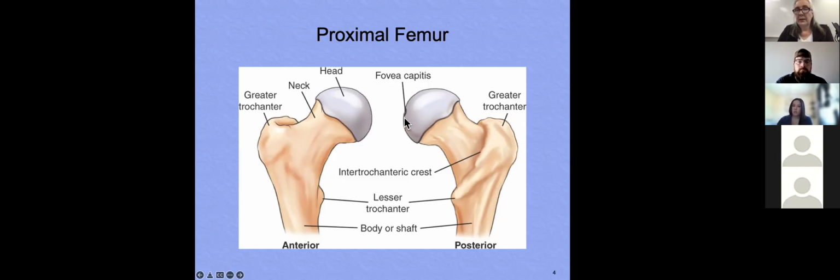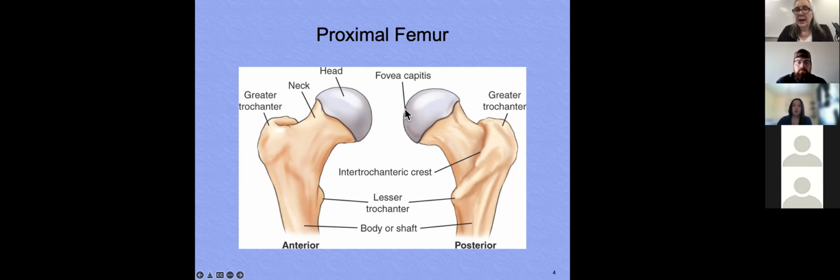Now, this part is called the head of the femur. Under every head is a neck. And if you look very closely on the head, there's a little area right here called the fovea capitis.